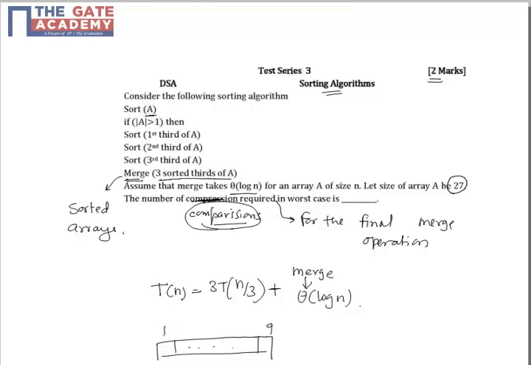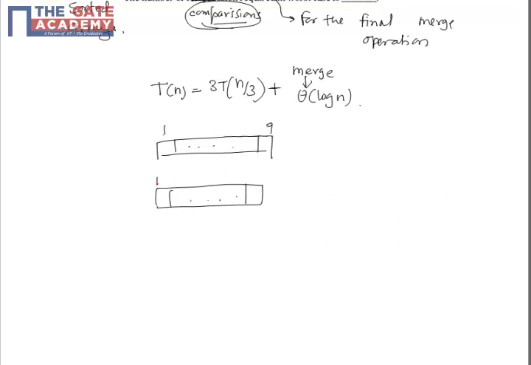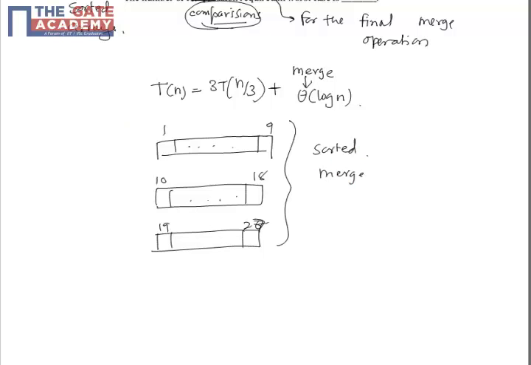Then the second array has elements 10 to 18, and the third array, the third part, has elements 19 to 27. These 3 arrays are already sorted. We have to apply the merge procedure on these 3 arrays and find the number of comparisons.